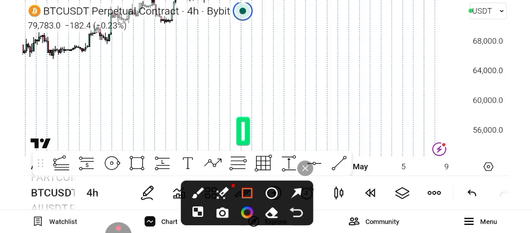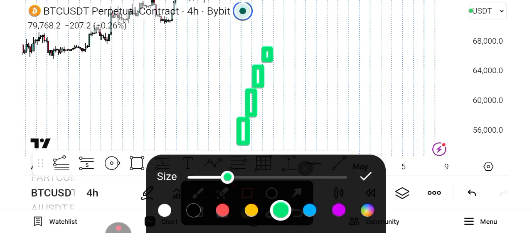The buyers are buying and coming into the market. Now we got to the top, and the bearish pin bar appeared.